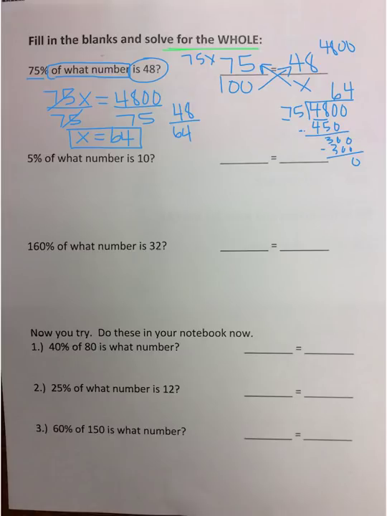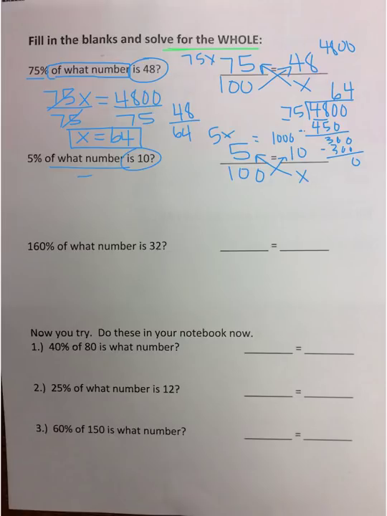All right, let's try the next one. 5%. So that means 5 goes here over 100. Of what number? We don't know the of. Is 10. We do know that the is 10. We can do this times this. That's 5x. 100 times 10 is 1,000.